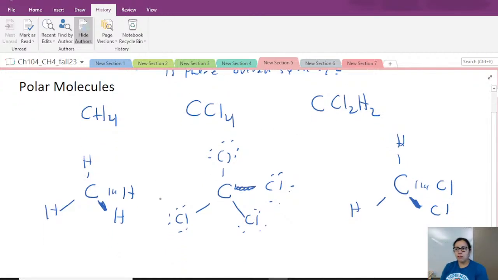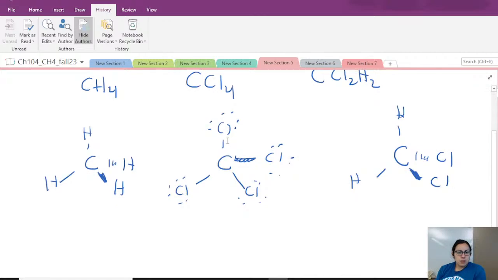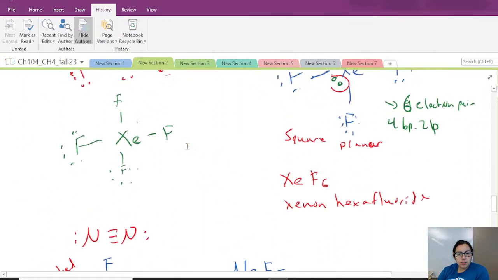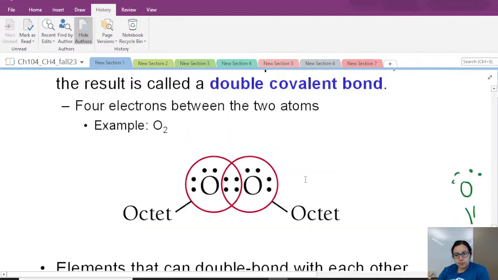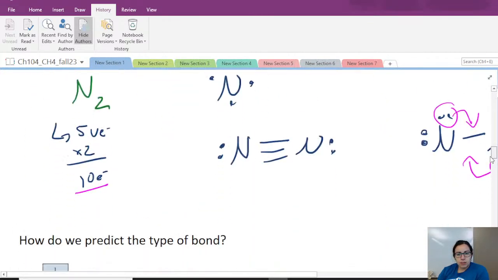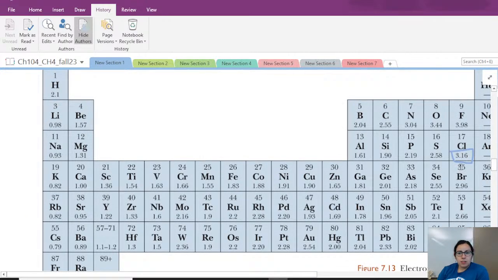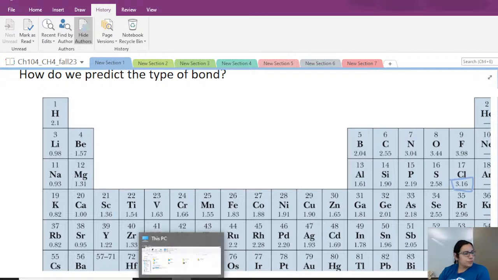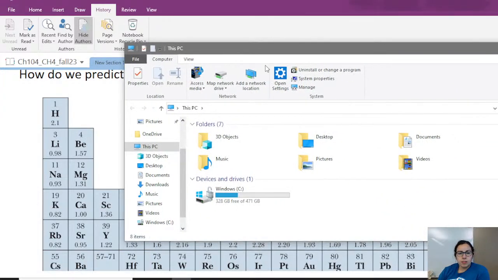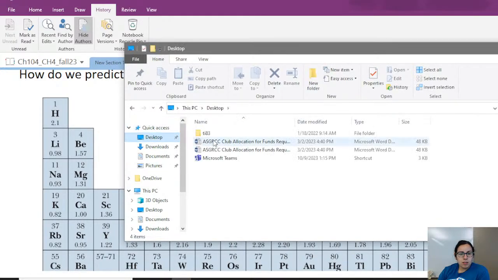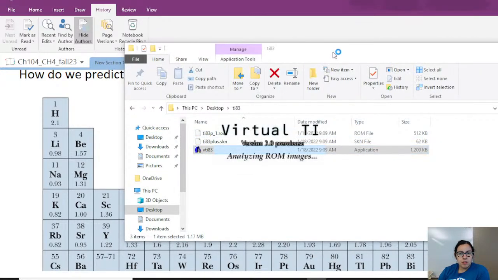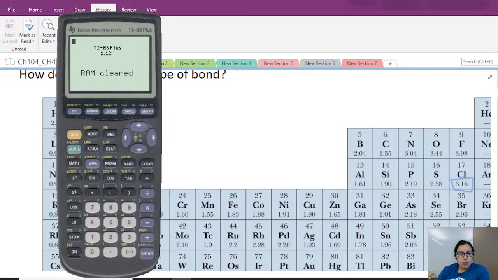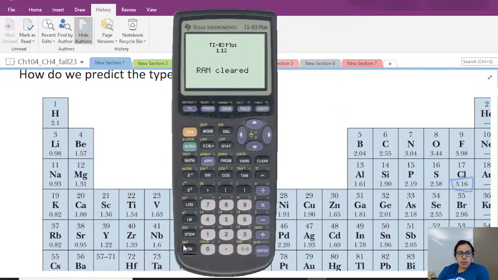And so starting with this first one, methane, the C-H bond isn't considered very polar, so we could go back. Let's see, if we take just the difference, all I'm doing is checking the difference in electronegativities.